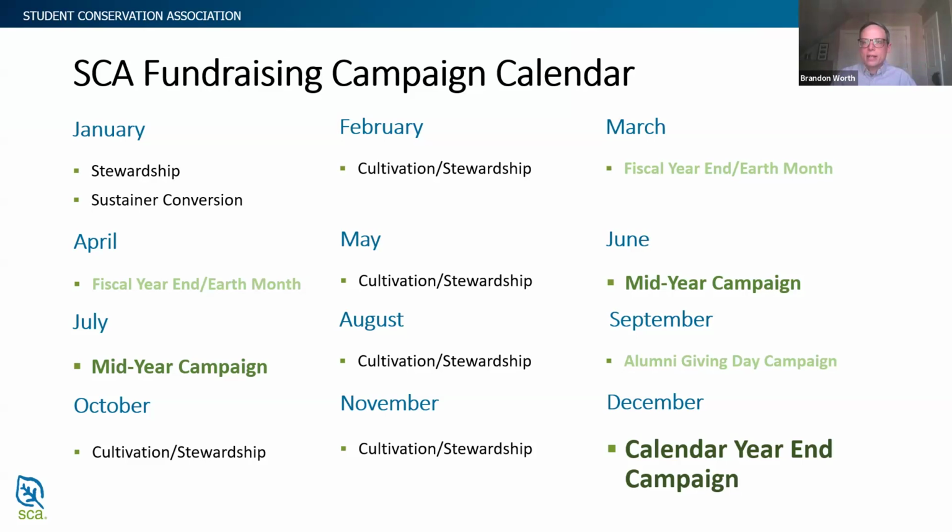One large campaign at calendar year end, one medium-sized campaign in terms of the amount of marketing and the fundraising goal at mid-year, and then 2 smaller campaigns. So roughly a campaign every quarter: 2 small, 1 medium, and 1 large.